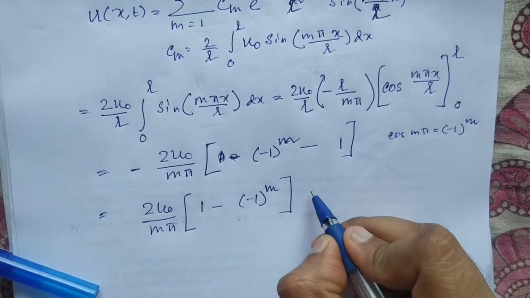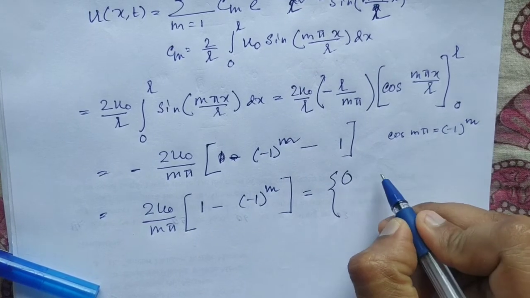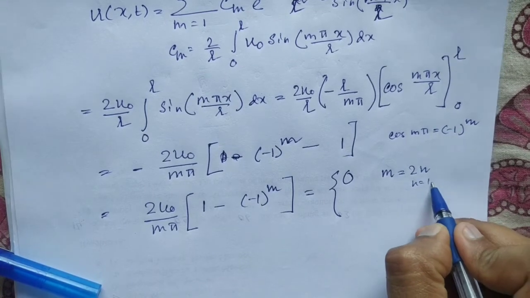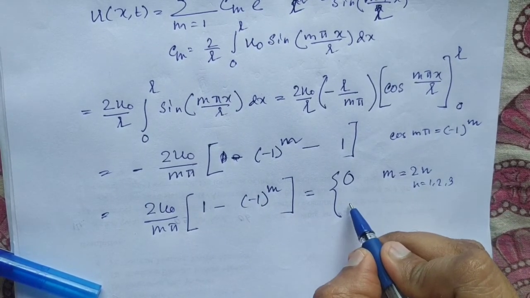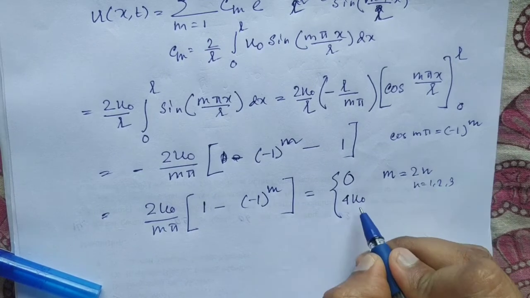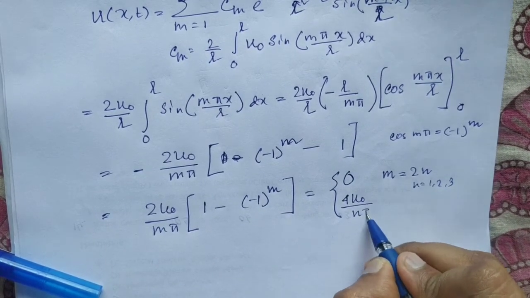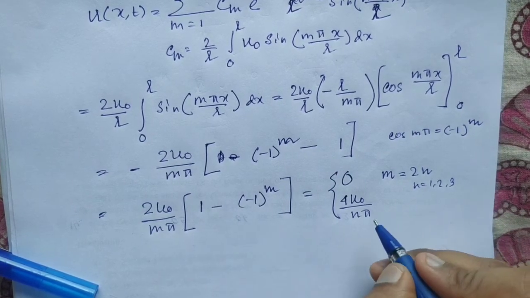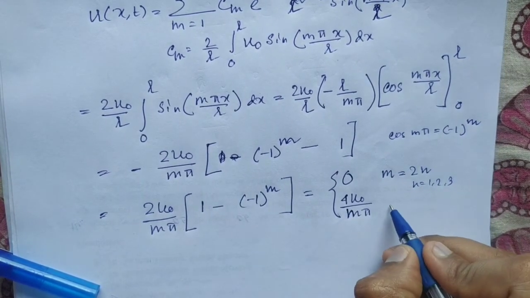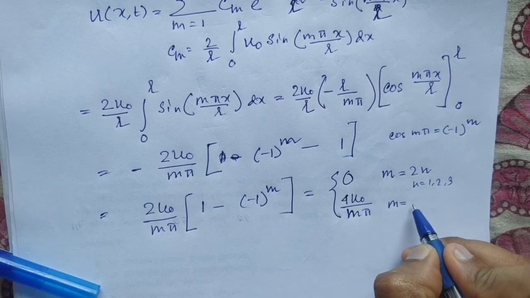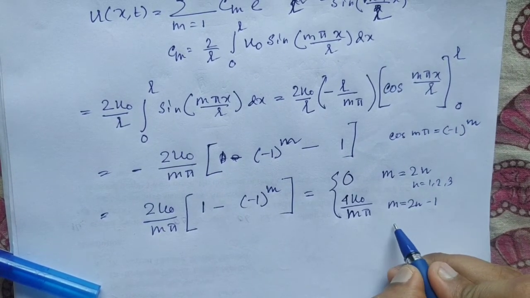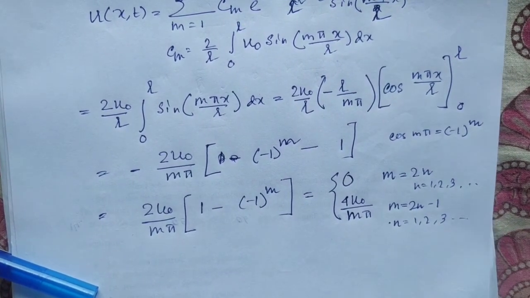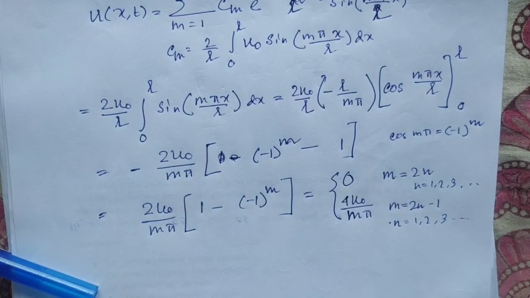So this is equal to 0 when m is equal to 2n, where n is equal to 1, 2, 3, etc. And this is equal to 4u0 by m pi, because there is 2u0 by m pi already, where m is equal to 2n minus 1 when n is equal to 1, 2, 3, etc. So these are the values of Cm.